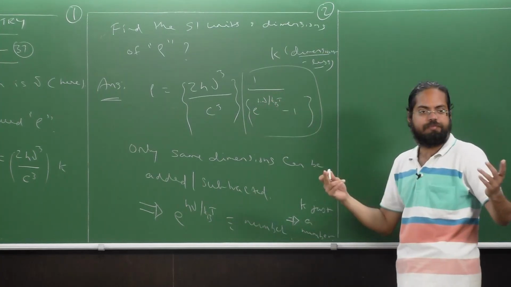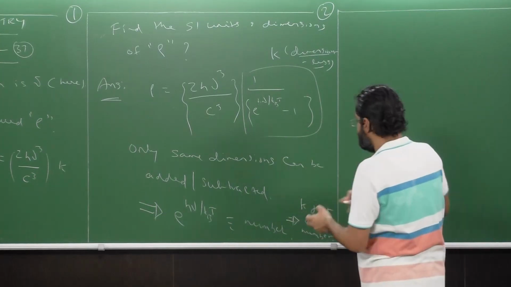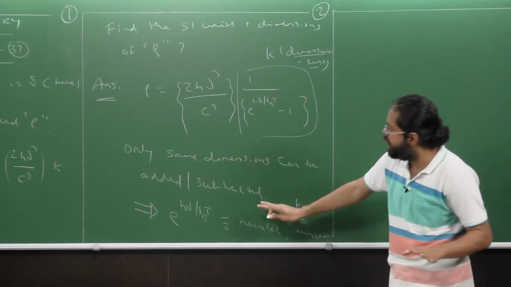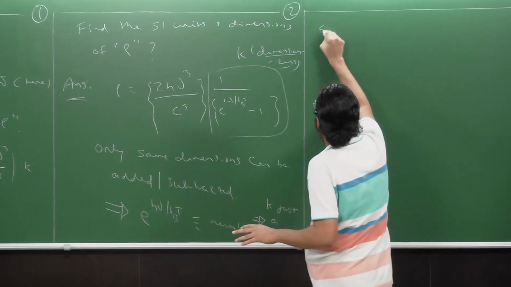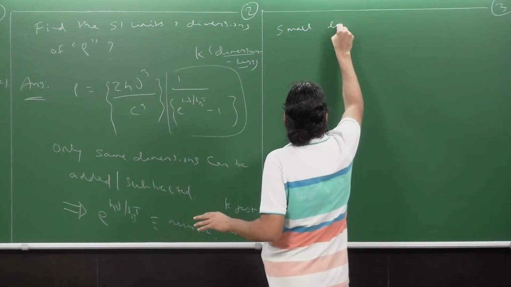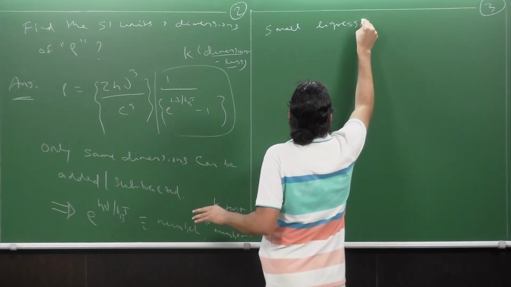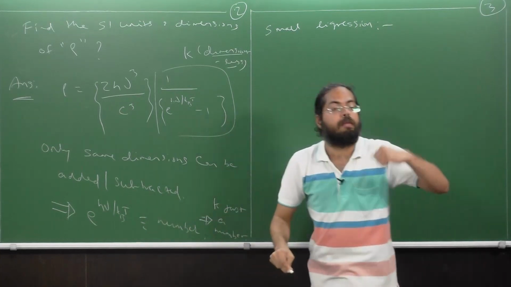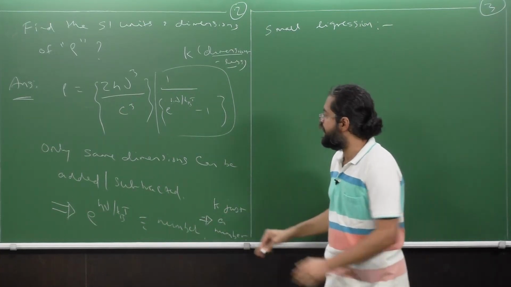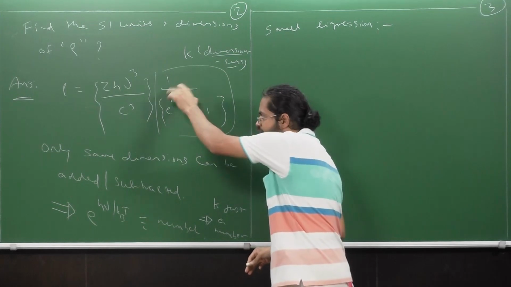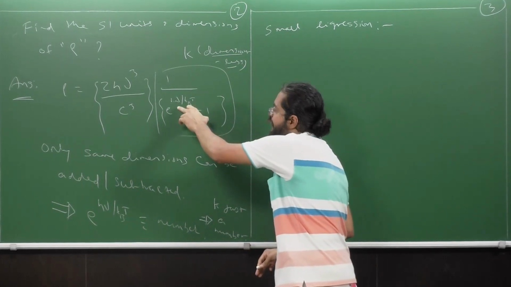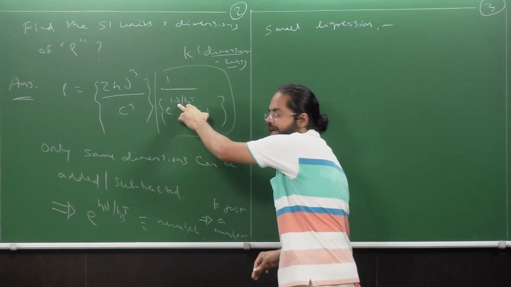And kBT. So this is just a small digression. We are just double verifying now. We're just double verifying that if this thing should be dimensionless, then the units of this and this should be the same, right?